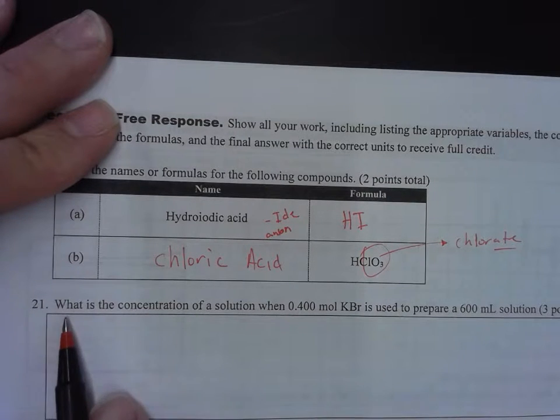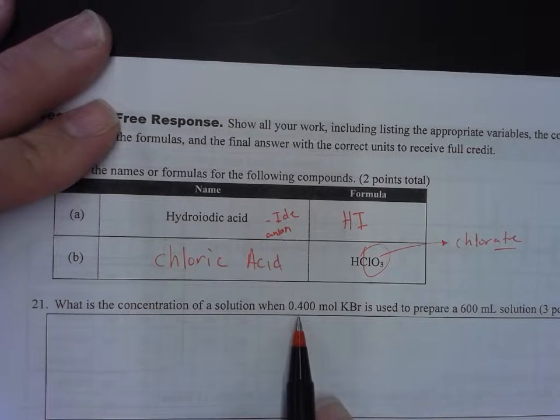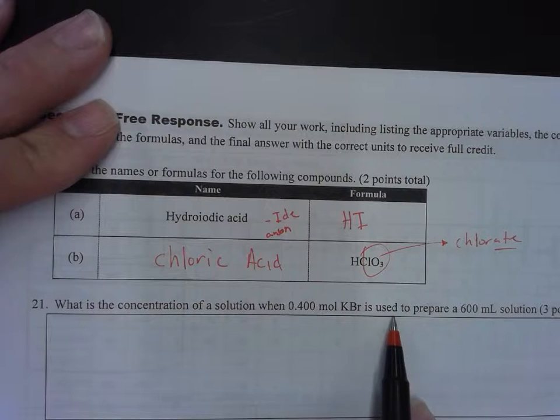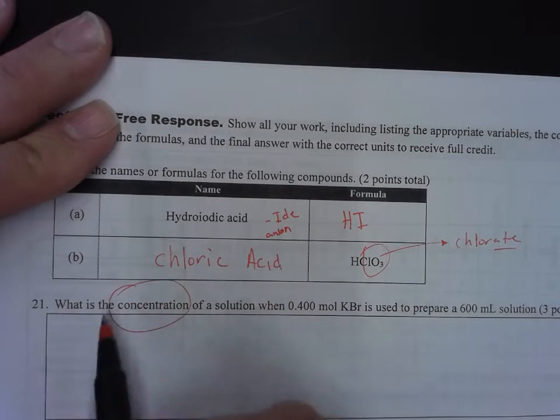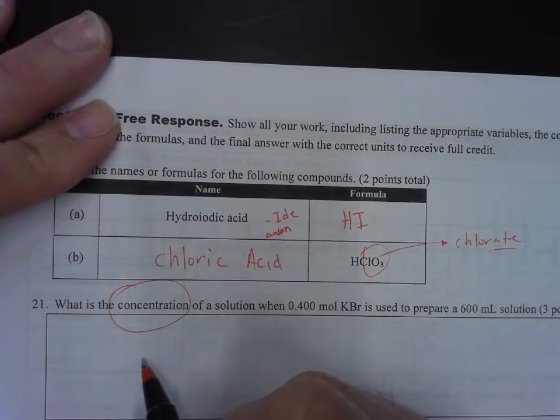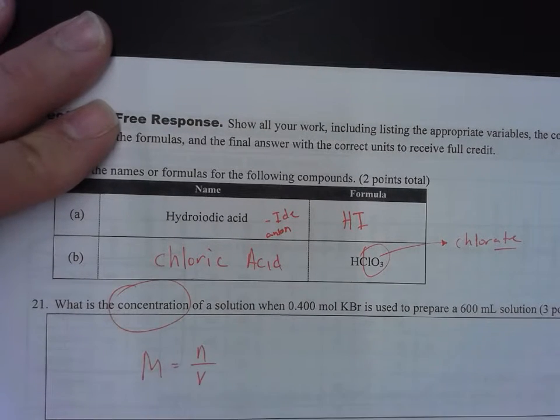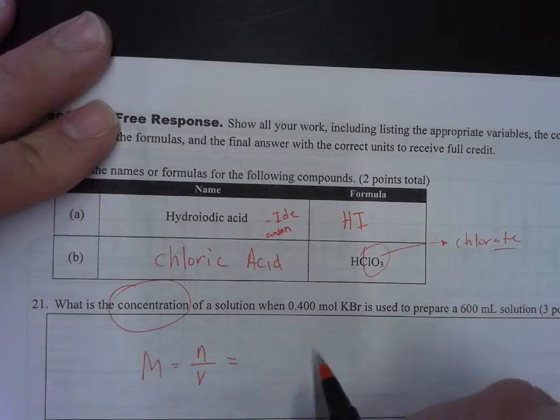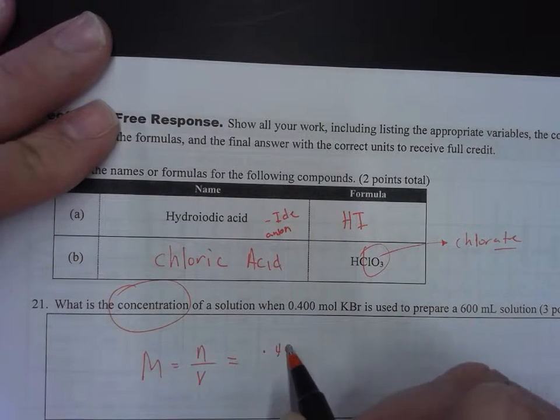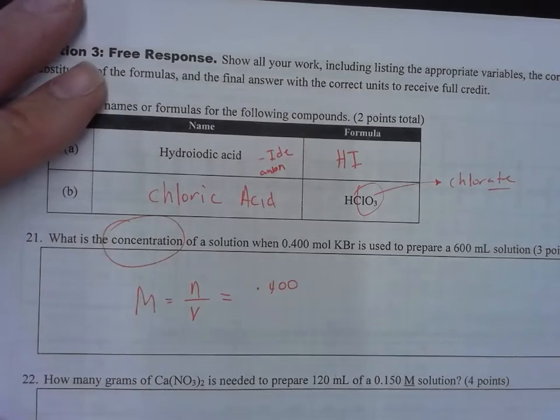Number 21. What is the concentration of a solution when 0.4 moles of KBr is used to prepare 600 mils of solution? This is an easy one. They're just asking for concentration. Concentration is M equals n divided by V, number of moles divided by volume. You have 0.400 moles of KBr.